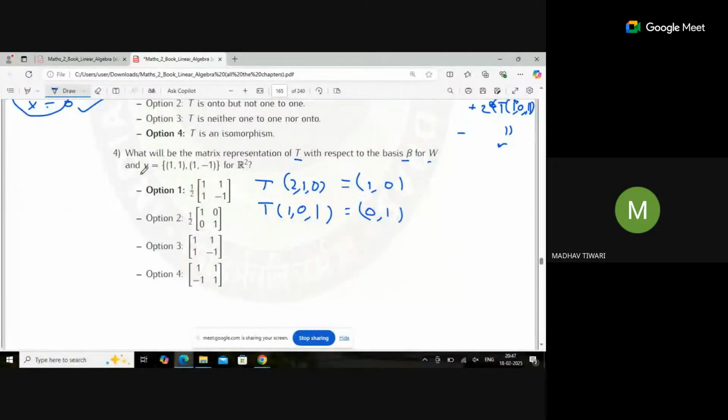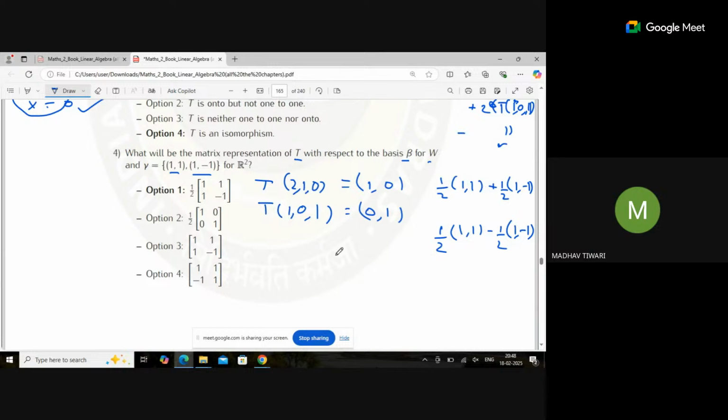So how can I write these two as a linear combination of these two? Basically I can say 1 by 2 times the first, 1 comma 1, plus 1 by 2 times 1 comma minus 1. If I do this, 1 plus 1 is 2 divided by 2, it will be 1, and 1 minus 1 is 0. In the next one, I can write 1 by 2 times 1 comma 1 minus 1 by 2 times 1 comma minus 1.